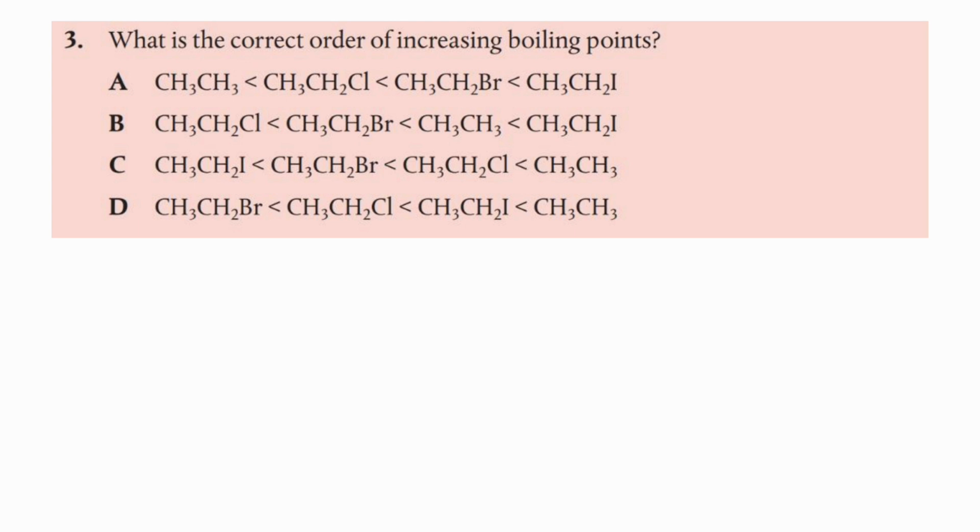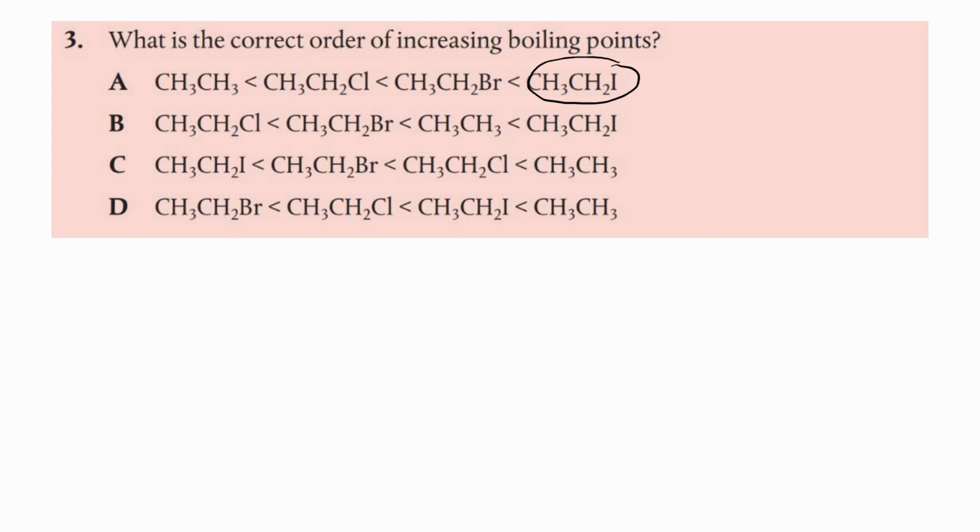But when we're looking at increasing boiling points, if we look at the difference in mass between chlorine, bromine, and iodine, that is a significant amount of mass being added. So as you increase the amount of mass, not only are you increasing your dipole-dipole forces, but you are significantly increasing your London dispersion forces, which is why your ethyl iodide is going to have the highest boiling point because it has the most polarizable electron cloud, leading to the strongest London dispersion forces.